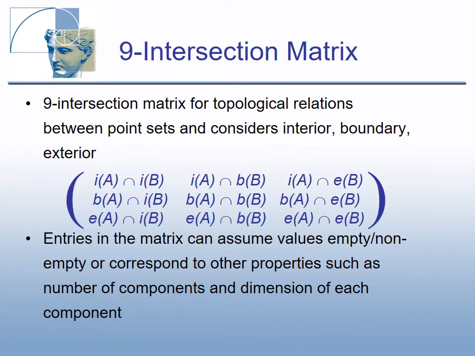There is extension of four-intersection matrix approach. It's 9-intersection matrix. Nine-intersection matrix is used for description of the topological relations between point sets in terms of interior, boundary, and exterior. Entries in the matrix can assume values empty, non-empty, or correspond to other properties, such as number of components and dimension of each component.